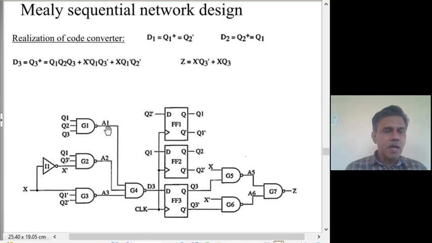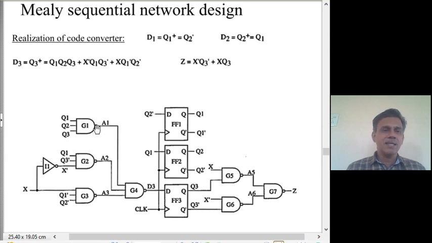So this A1 is supposed to be Q1, Q2, Q3, and here this is X bar, Q3 bar and Q1, that is what goes here. X bar is obtained through a NOT gate here, and this is X, Q1 bar, Q2 bar, Q1 bar, Q2 plus. So all these three product terms are produced to generate this.